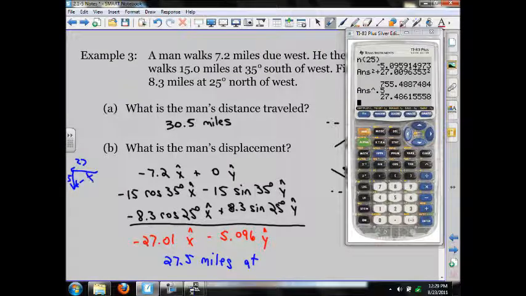Look at this angle right here. Tangent is opposite over adjacent, so 5 over 27.